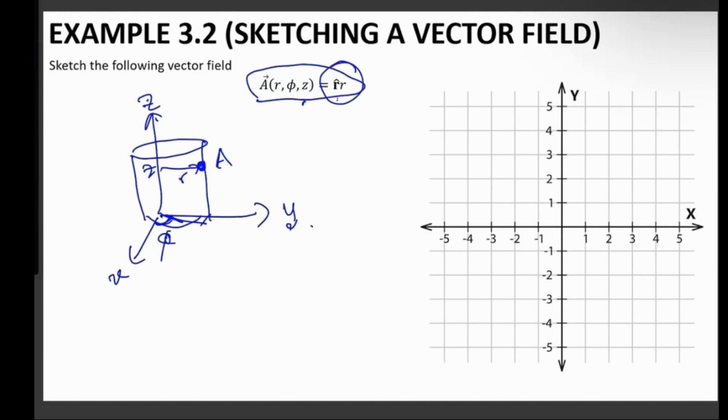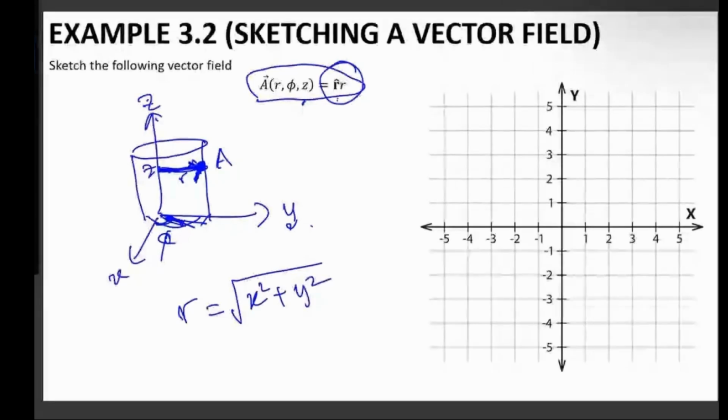This is just the direction of R. We know R is from the z axis to point A. And for the formula, we know that R equals the square root of x squared plus y squared.